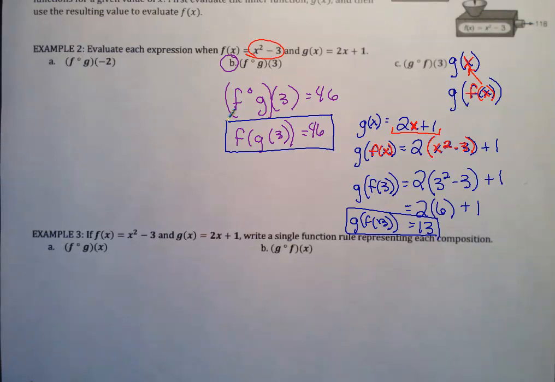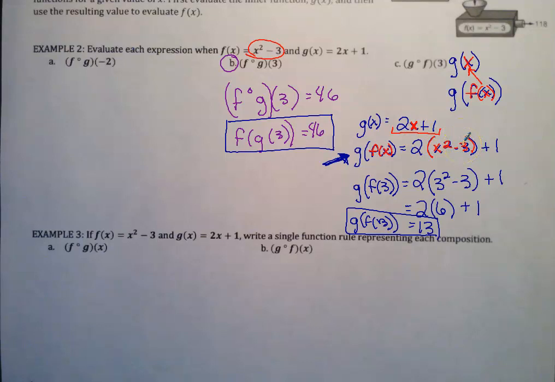All right, so I want you to try number 3, which is a little bit different because there is no variable value. Here in example 2, we had the value, so once we got to this point we could sub in the number without distributing. On this one, if we didn't have a value, we would distribute the 2 and then simplify, combining like terms.